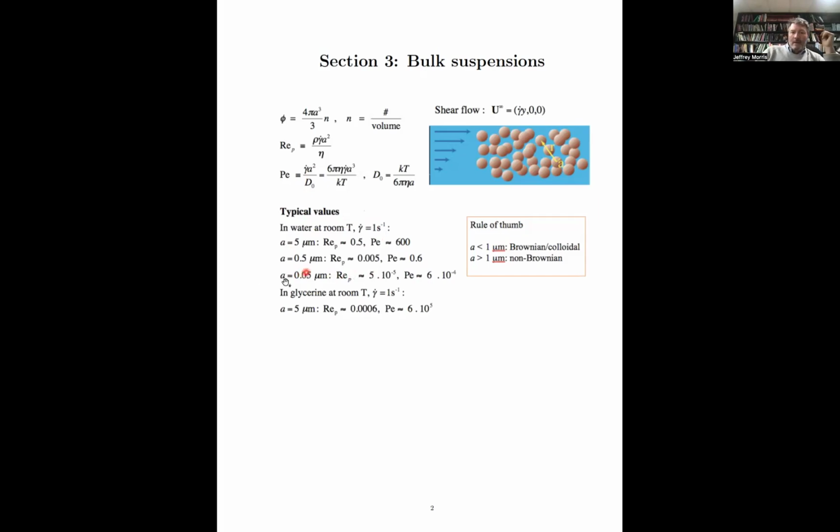All right, so if you increase the viscosity of the fluid, however, for glycerin, the Reynolds number drops off at the same rate of strain for the 5 micron particle to 10 to the minus 4. And so that means that for very viscous fluids, you can easily forget about the inertia, and then the Peclet number goes up radically, meaning the Brownian motion is much less effective.